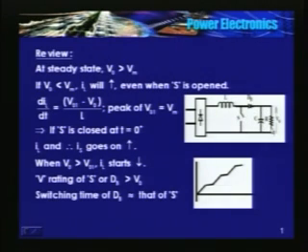This potential, this point gets connected to this. So DB should block VO. Also, when I open the switch, diode starts conducting. So this VO appears across S. Therefore, the voltage rating of S and DB should be higher than VO and not Vm.